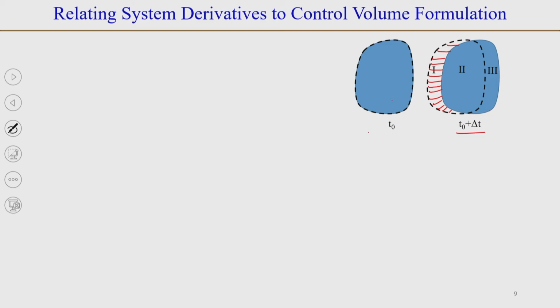Region 2 is the intersection of the two: it is part of the system still, and it is also inside the control volume. And region 3 is what has moved out of the control volume, but it is part of the system still.